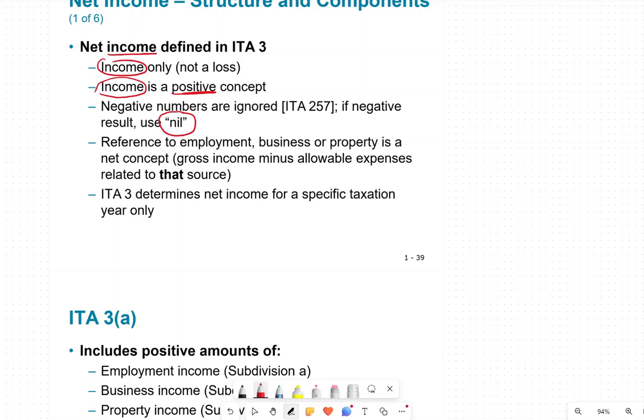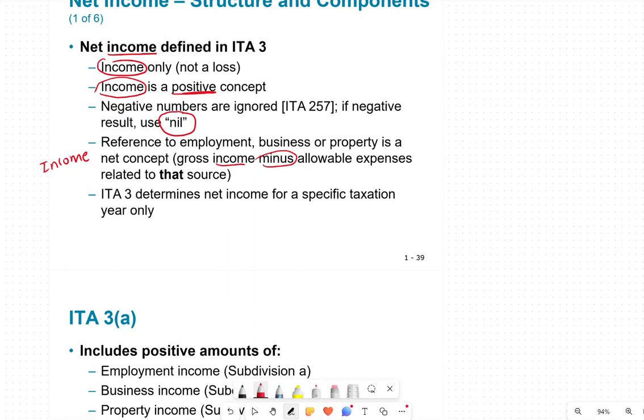What we have in reference to employment, business, or property is a net concept. You have a gross income minus any expenses. You will have an income, and if you don't, like we said, you cannot have negative numbers. You learned about net losses.